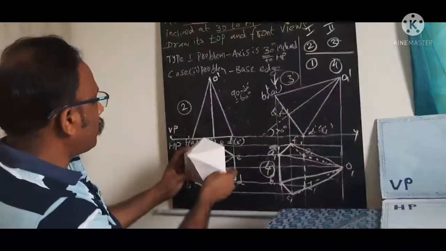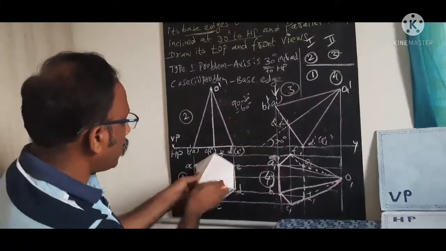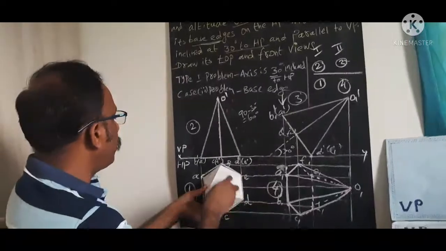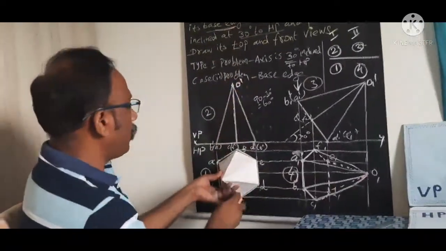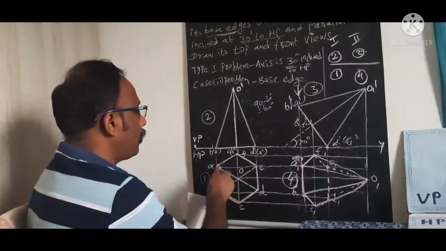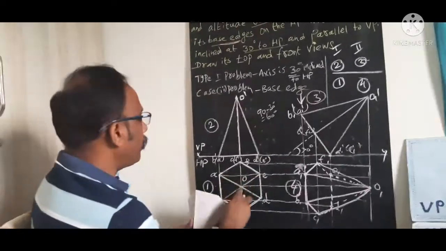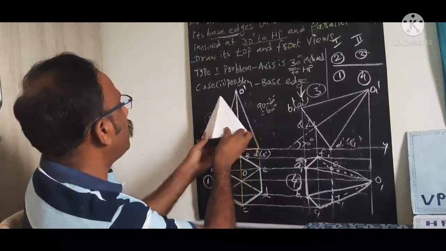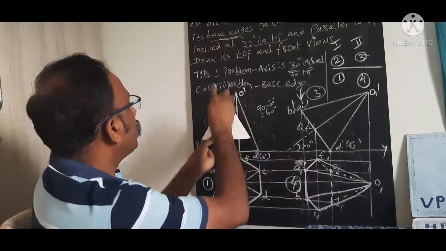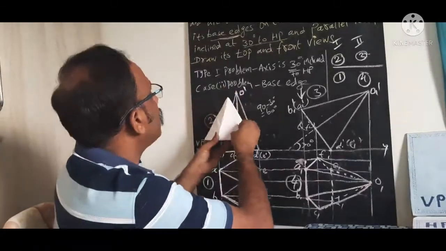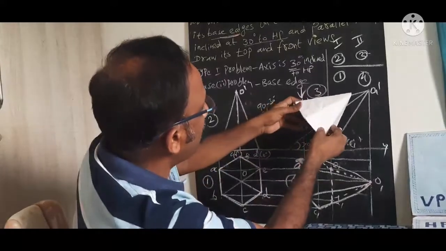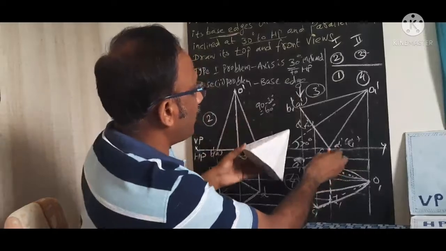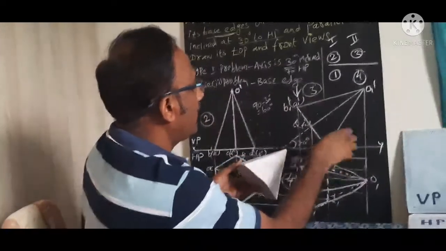So in the first step, what we have done is draw the top view of this hexagonal pyramid for the dimension 40 millimeter, mark the center O, and join for the pyramid with all the corners. Then the corresponding front view we draw, whose altitude is 80 mm. Now we are going to tilt this hexagonal pyramid by keeping one of the edges resting on VP.